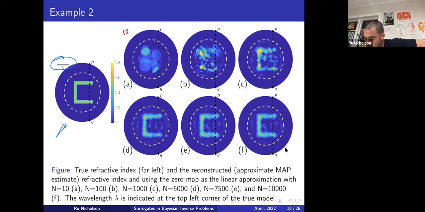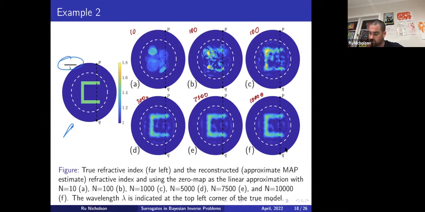And then as we increase the number of samples, if people don't want to read the caption, this is 100, 1,000, 5,000 samples, 7,500, and 10,000. You can see that by the end, it's looking pretty good.